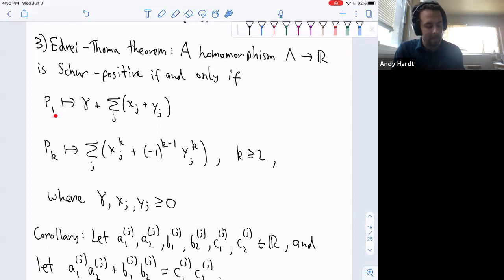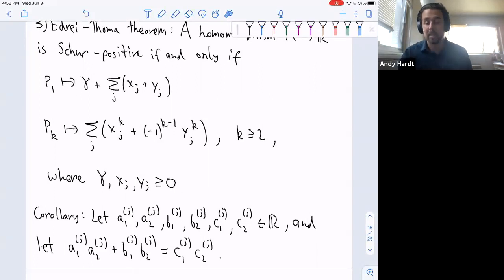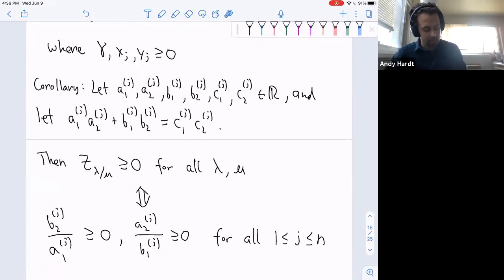It turns out if we map the power sum symmetric functions to essentially these things, p1 slightly different, but essentially this formula where we have positive numbers here, then we get Schur positivity. And so one thing that means for us is that we can have some sort of positivity condition on our partition functions where if we have Boltzmann weights that are free fermionic and that have these quantities being positive, then we have a positive number. So they've got to be real in this case, or specialized to being real. Then they'll be positive numbers.